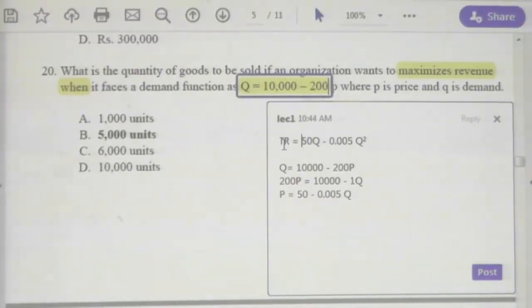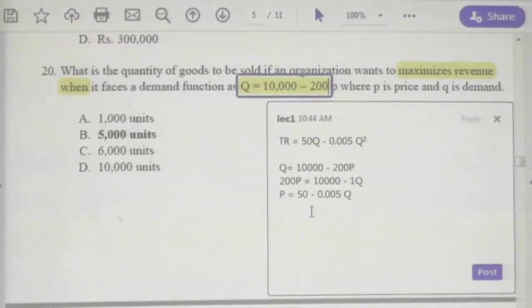Why? The value of y in the general formula, here it is TR, the dependent variable, becomes 0. When the slope becomes 0, that is the maximum point or minimum point of the line. Is that clear? When the slope becomes 0, the line will turn.